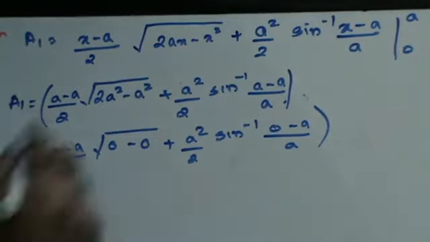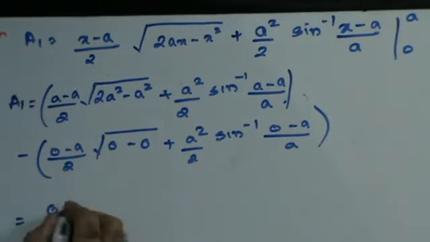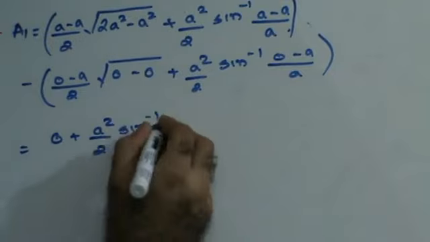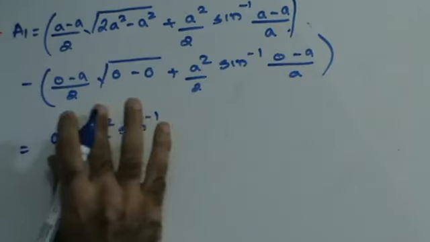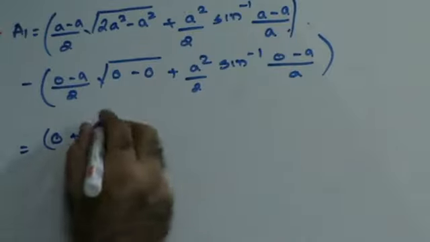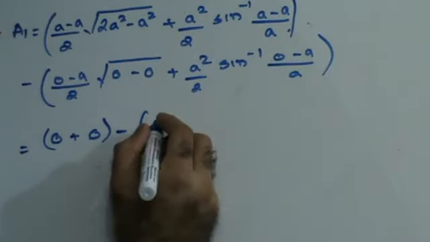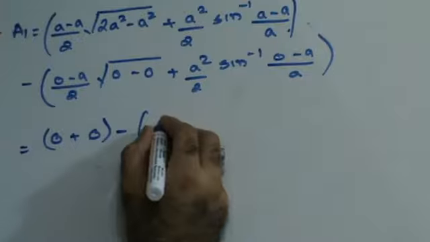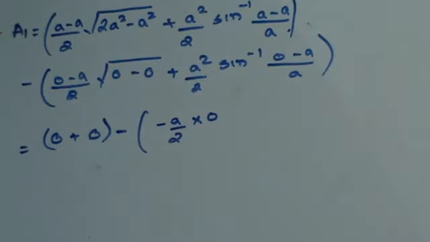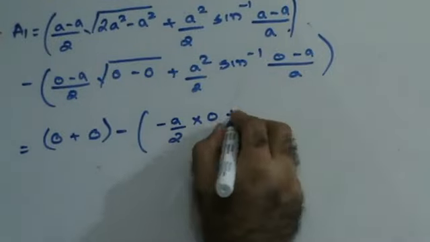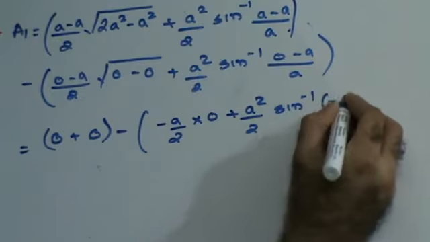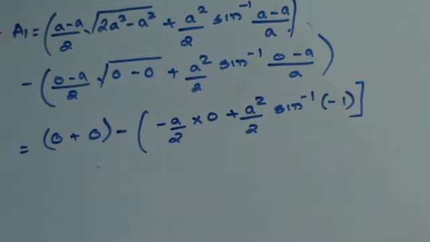A minus a is 0, so this whole term will become 0. This is a square by 2 sine inverse, a minus a is 0, so that means this term will also become 0, minus a by 2 into 0, square root of 0 is 0, plus a square by 2 sine inverse of minus 1, right?